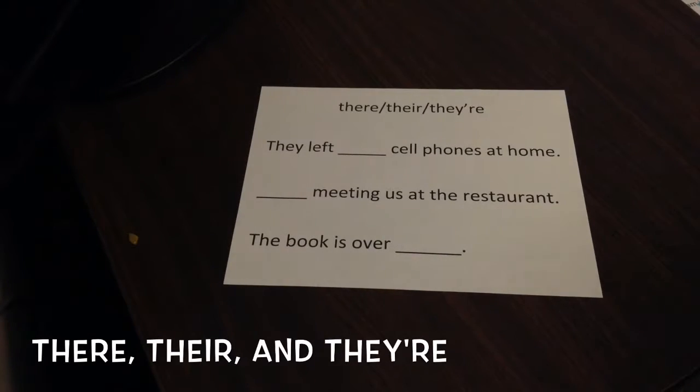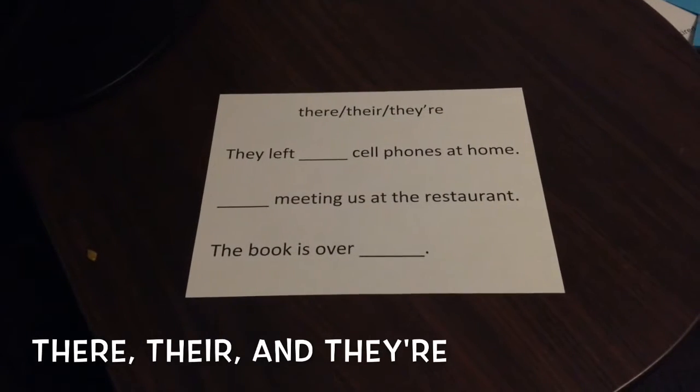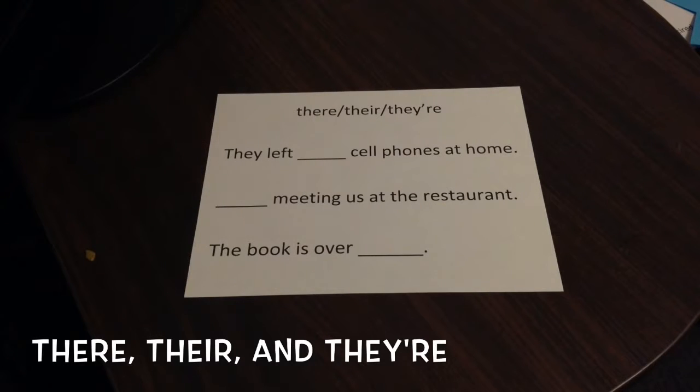Same thing. We have some examples for there, their, and they're. We are going to use the same strategy: we're going to use the contraction first, try and break it apart, and then go from there. Our first sentence: they left their cell phones at home. They are cell phones at home. Does our contraction work? No, that's right, it does not work.